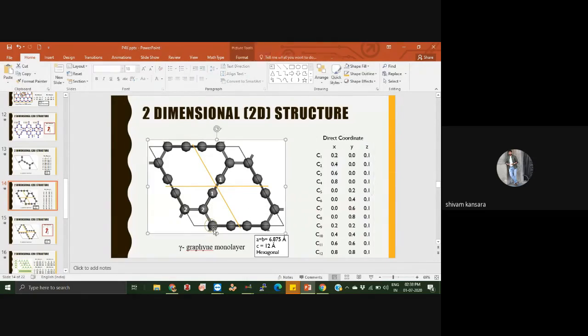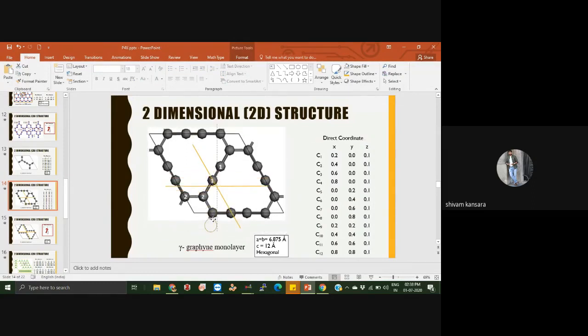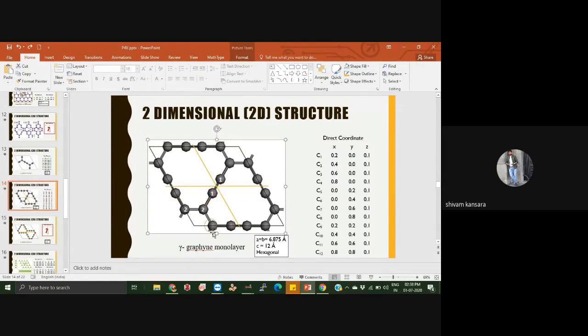Now if we put an atom at the edge of the system, it automatically replicates on the other side of the crystal system. If we put an atom here, it is automatically visible on the last side as well. Now for the y side, this is the y dimension.